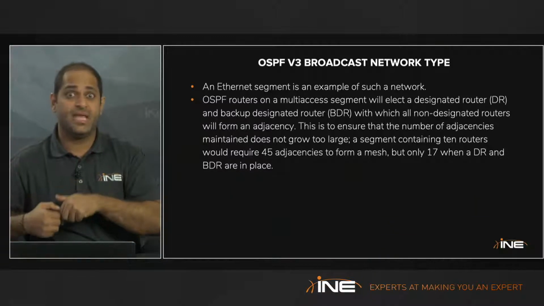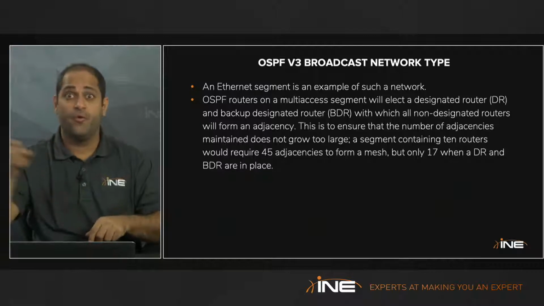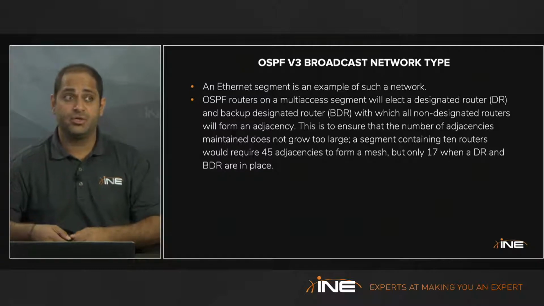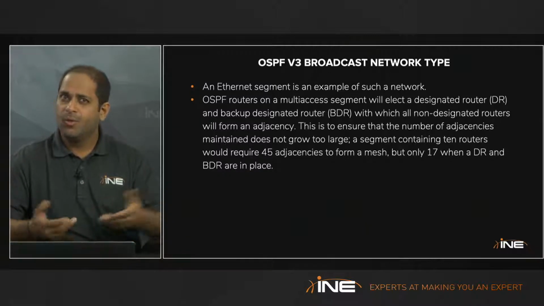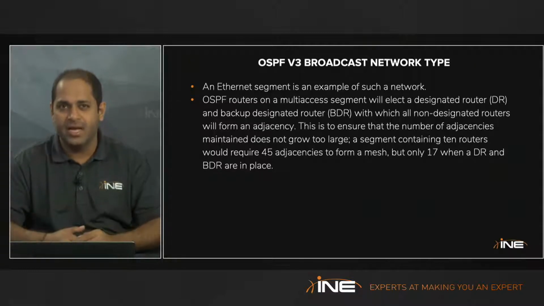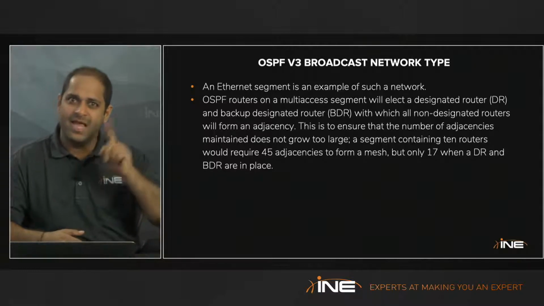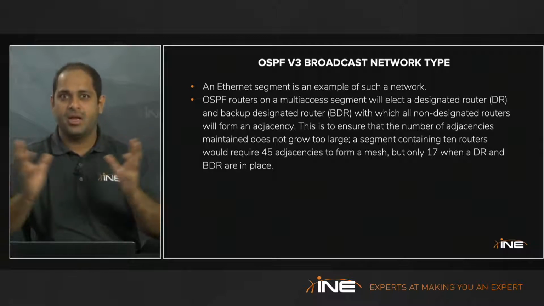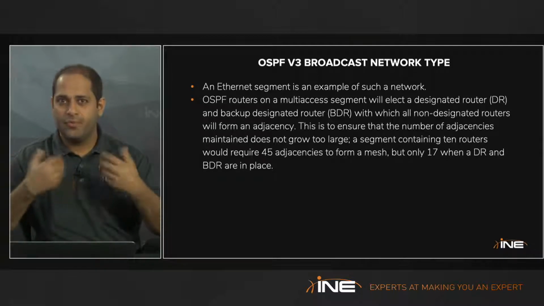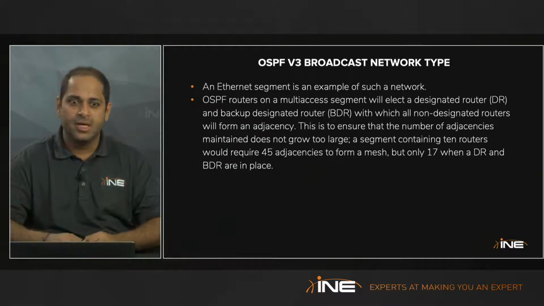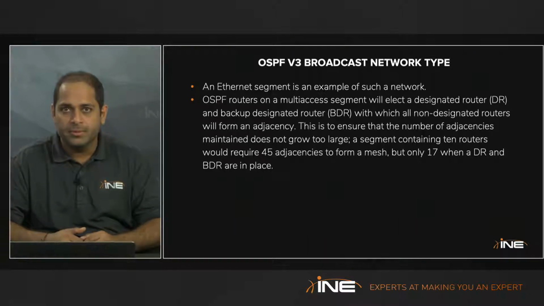Router 3 would send the same information back to router 2 and to router 4, and router 4 would send that information to everybody else again. What's the problem in this design without a DR? The same information is being propagated again and again throughout your broadcast segment, which is undesirable.